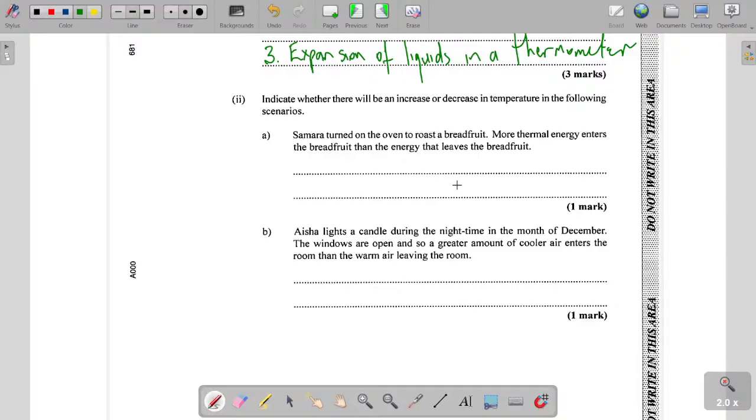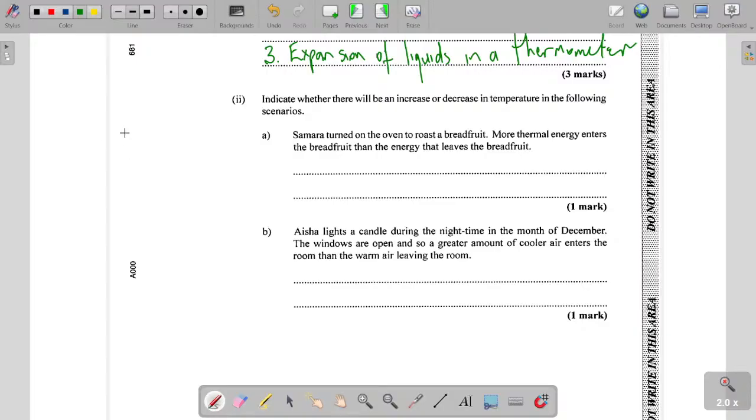So let's look at these situations. So the first situation here says that Samara turned on an oven to roast a breadfruit. More thermal energy enters the breadfruit than the energy that leaves the breadfruit. So if we have an increase in thermal energy, that means we also have an increase in temperature.